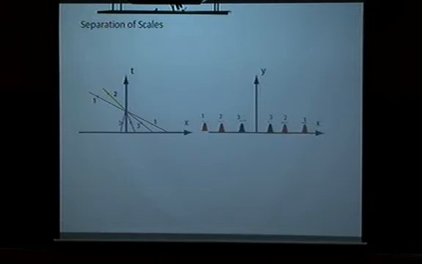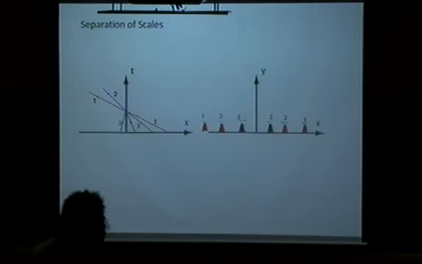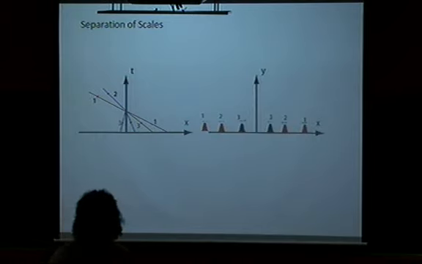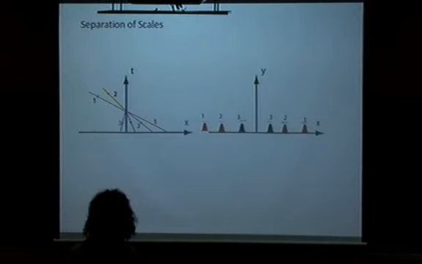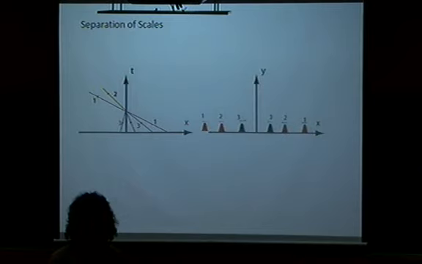The way to separate those scales is based on decomposition. Before, when we do PDE in general, we decompose the solution in terms of variables. We use the eigenvectors and eigenvalues of the Euler equation to decompose the solution in the coordinate system.